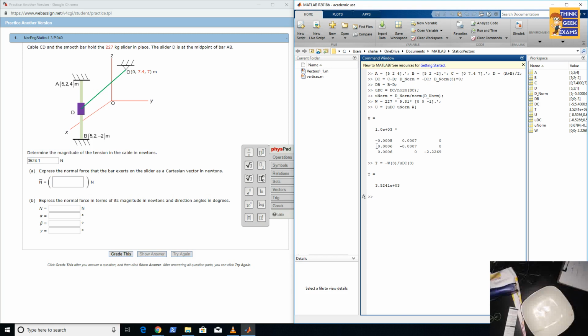So now that we have t here, so t times this amount and n times this amount is equal to 0. So if we wanted to find n, it would be u dc 2 times t divided by negative u norm 2.